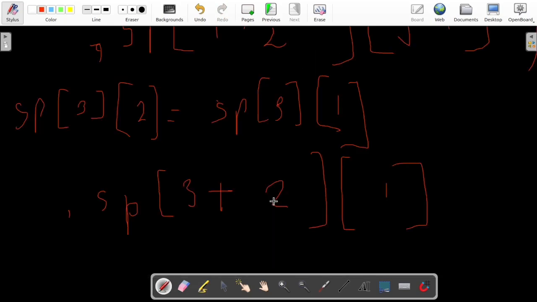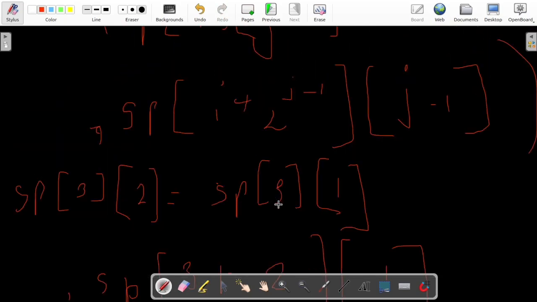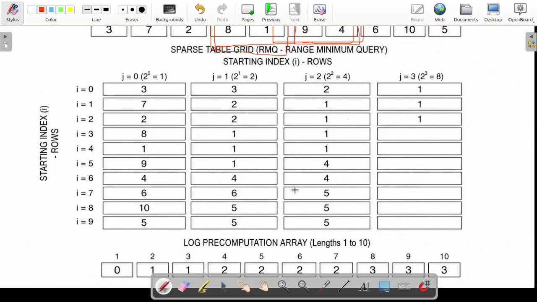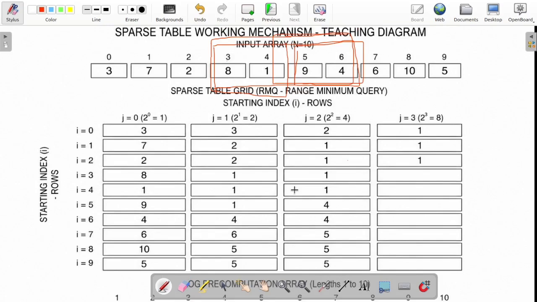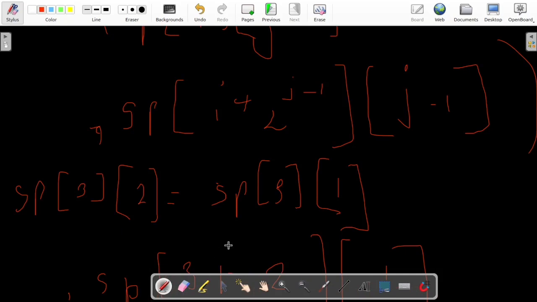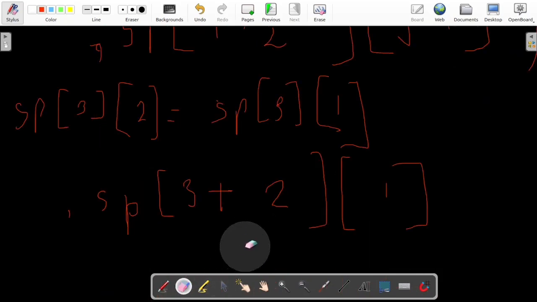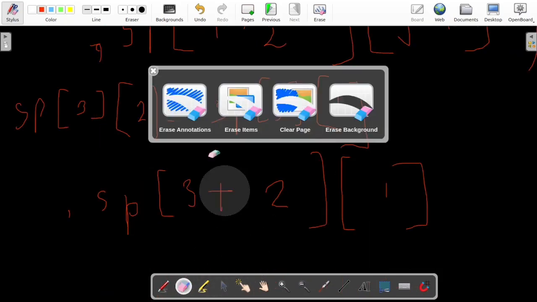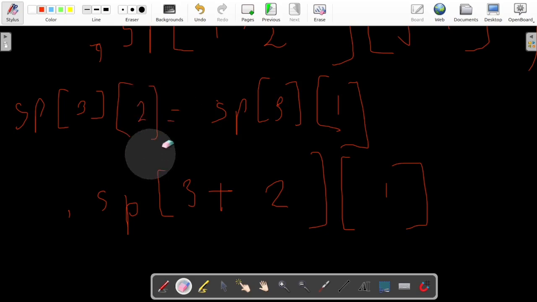So in this way, in big O of 1, we calculate the answer for each cell in a sparse table. And it is that simple. So this is the way by which we build a sparse table. At first it looks a bit confusing that I'm considering powers of 2 just by writing 1, 2, 3.